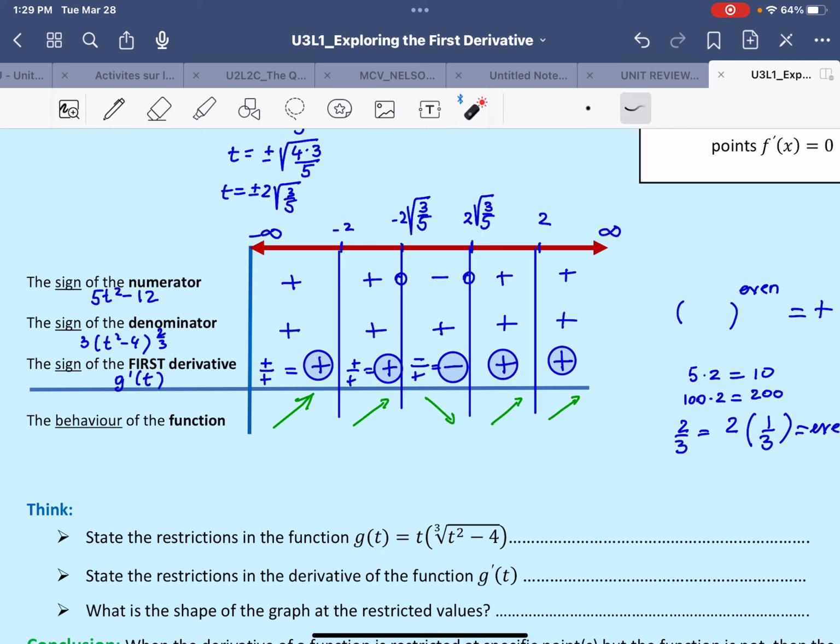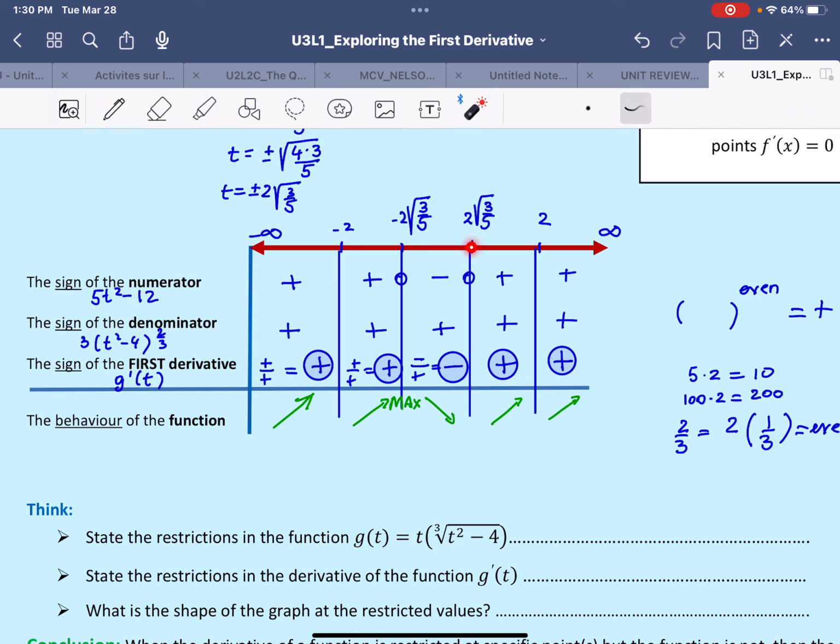Now we're going to take a look at these beautiful key values in here. What happened to them? What did they give us? Okay, anything significant to the graph of the function? Now remember that these two are the zeros of the numerator. The zeros of the numerator are also the zeros of the derivative. So as you can see in here, around the zeros of the derivative, you see the function change from increasing to decreasing. So at this particular x value, this will mark what we call a maximum point on the graph of a function.